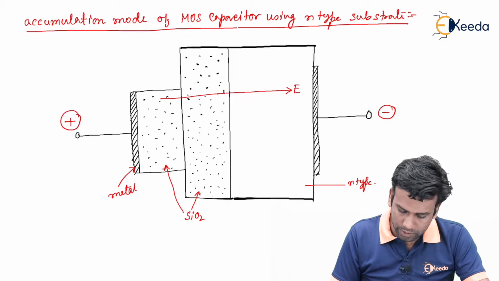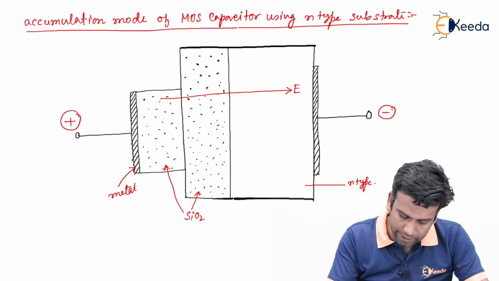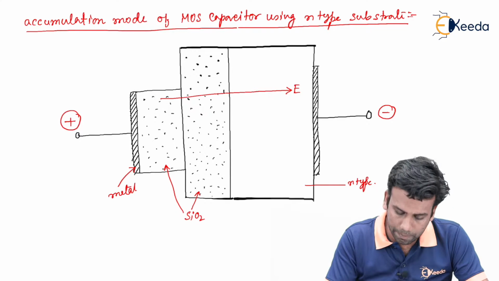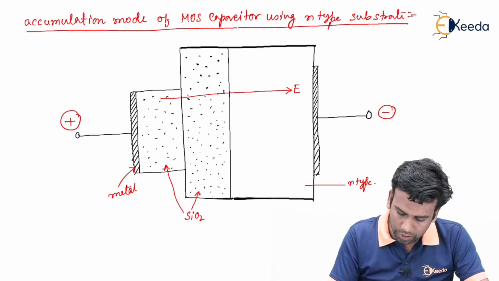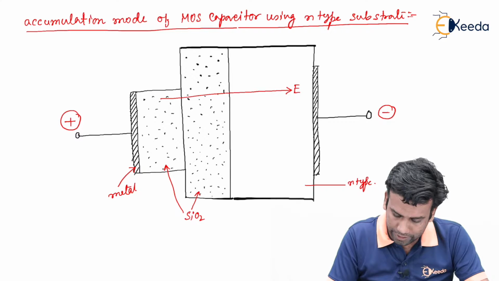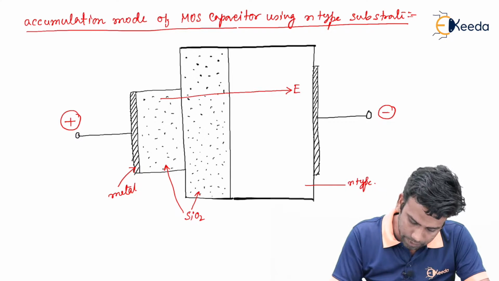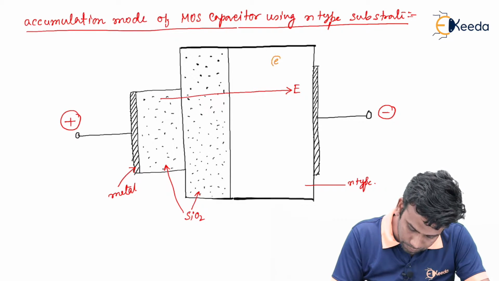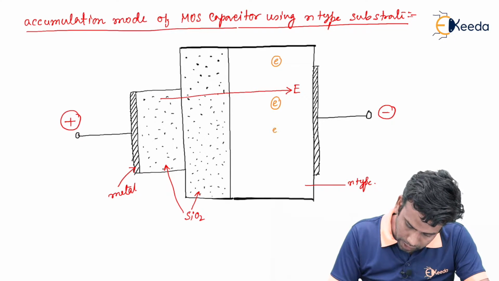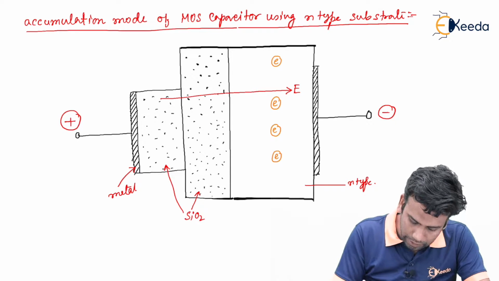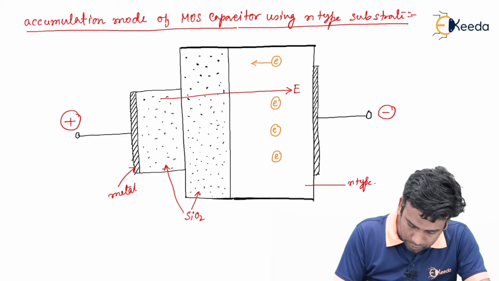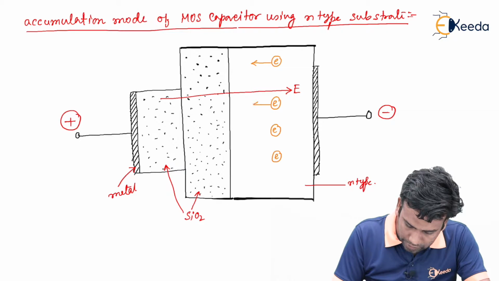And due to this electric field created inside the MOS capacitor, the electrons, or the majority carriers of the N type, will now move towards the interface in the opposite direction to the induced electric field.